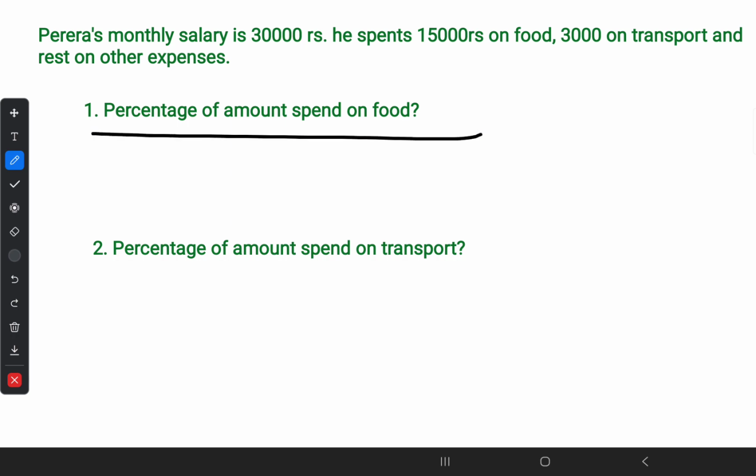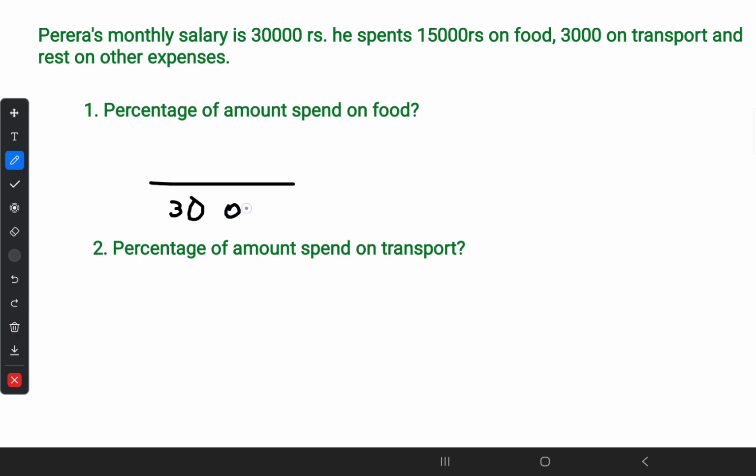Find the percentage of the amount spent on food. So you have to write the fraction first. What is his total salary? This is the way you have to read the fraction: in his total salary of 30,000, he is spending 15,000 on food.